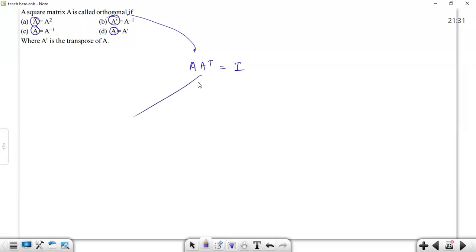So we'll do the same. First, we will pre-multiply by A inverse on both sides. So A into A inverse becomes A inverse into A transpose into A inverse into I.